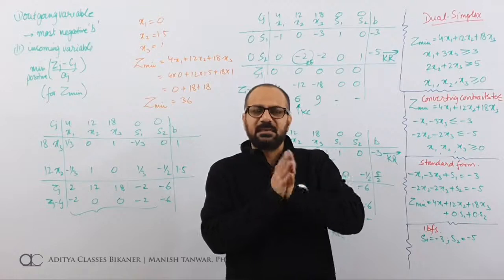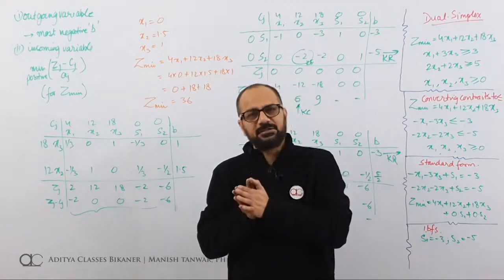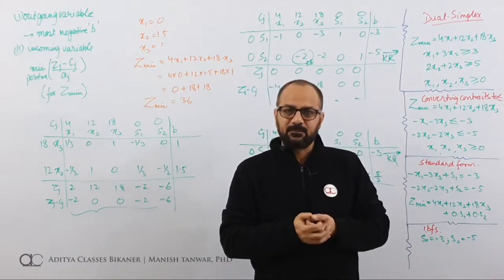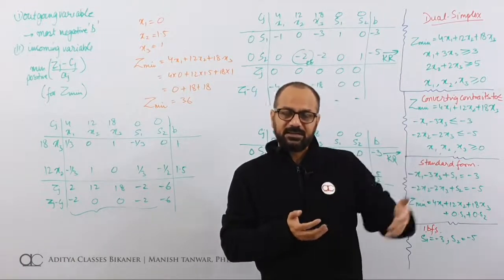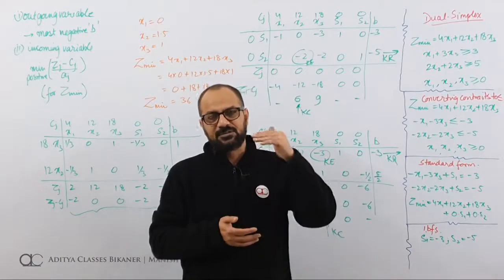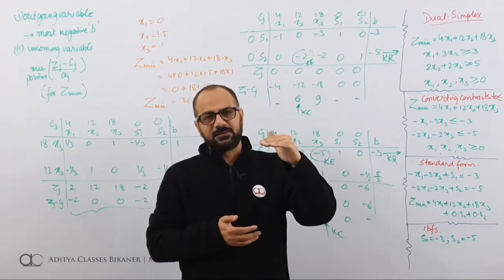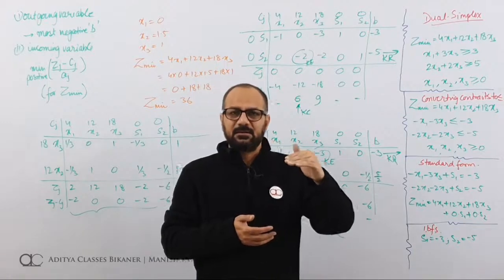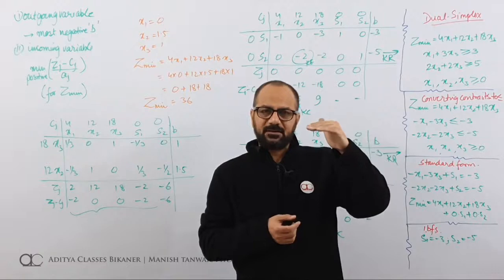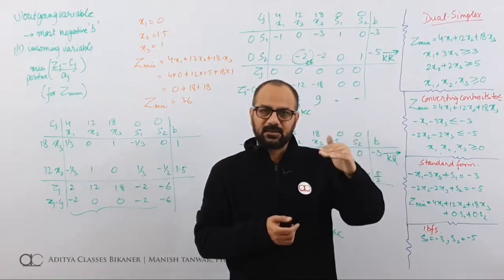Dual simplex is an algorithm. Dual formulation is only a formulation. The formulation that we have studied in 5 steps. When we started this journey of linear problem formulation, we studied a formulation of 5 steps. First step was identify the objective variable, key variable.